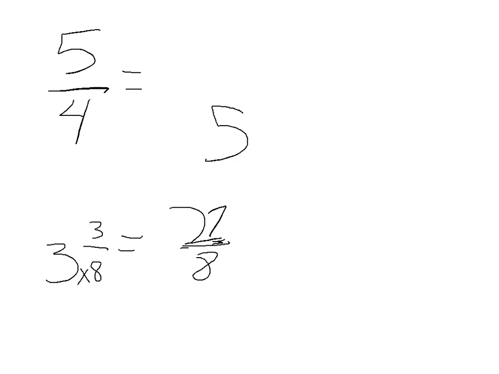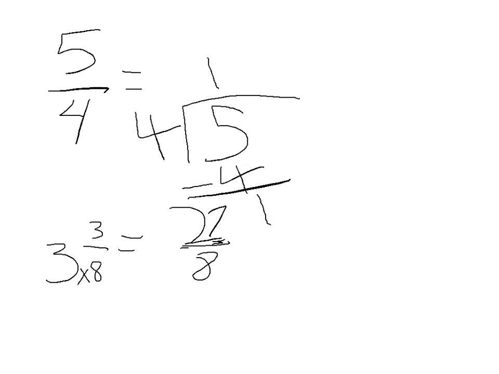We're going to take 5 and break it up into 4 pieces, okay? How much do you have? I have 5. How many times does 4 go into 5? 1. Good. And 5 minus 4 equals 1. Okay. And it's 1 and 1/4. Good job.